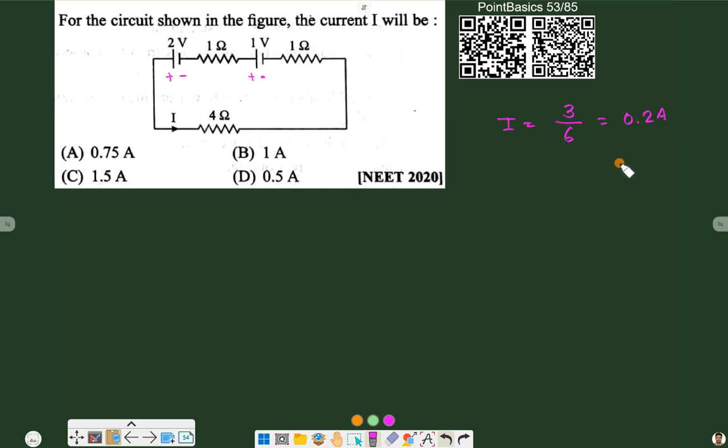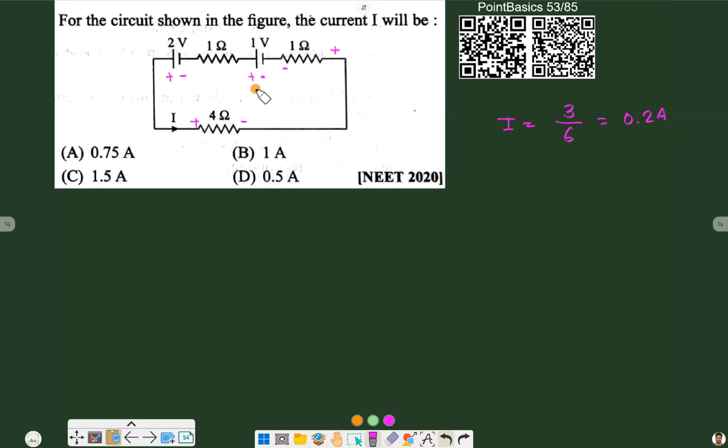And if you have doubts regarding this method, then let's go by the normal method. As already mentioned, the direction of current is something like this. If current flows like this, this will be positive for the resistance and this will be negative. Reaching the 1 ohm, this will be positive for the 1 ohm, this will be negative.